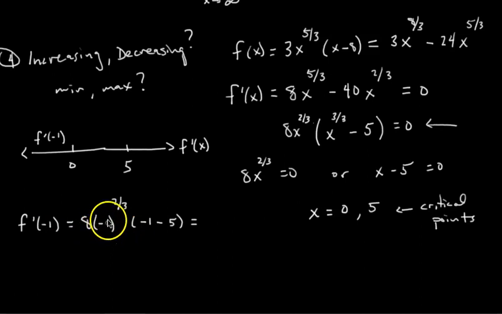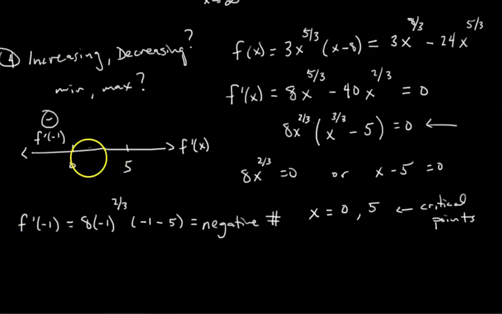So here we have -1 squared becomes 1, and then the cube root of 1 is also 1. So we have 8 times 1, that's a positive number, times -1 minus 5, that's -6. This is a negative number. So this is positive times negative, so the end result will be a negative number. Okay, so up here I'm going to put a negative sign. So every number before 0 has a negative derivative, meaning the original function was decreasing on that interval.